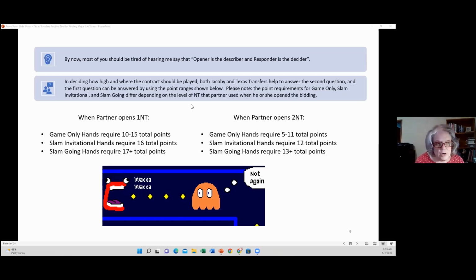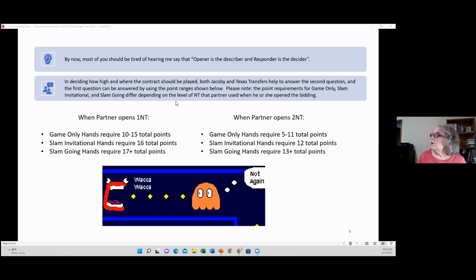In the case of no trump opening bids, describer and decider often flips. Sometimes the captain, the responder, becomes the private when he says to his partner, well, I have 5 cards in this suit, for instance, with a Jacoby transfer. Where should we play, partner? Well, now the opener is the captain. So sometimes it flips back and forth.